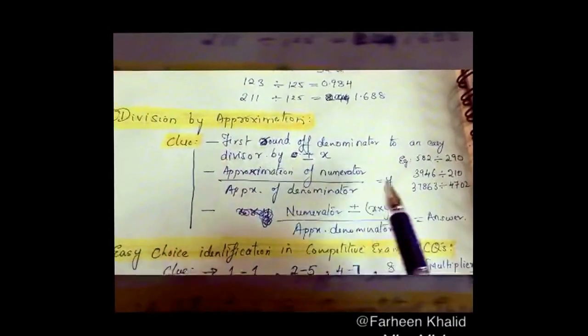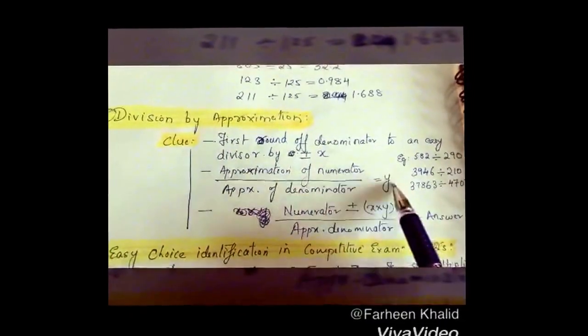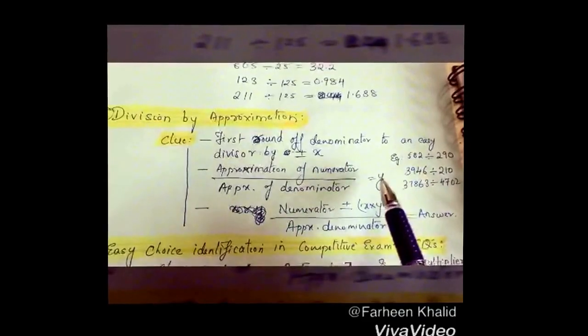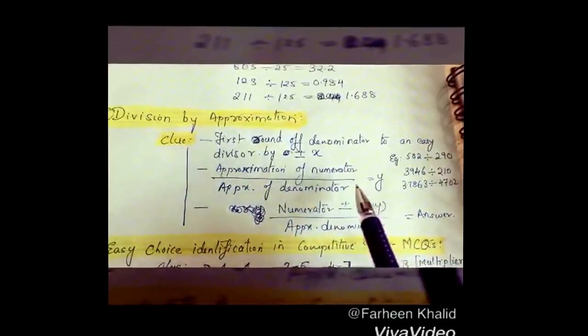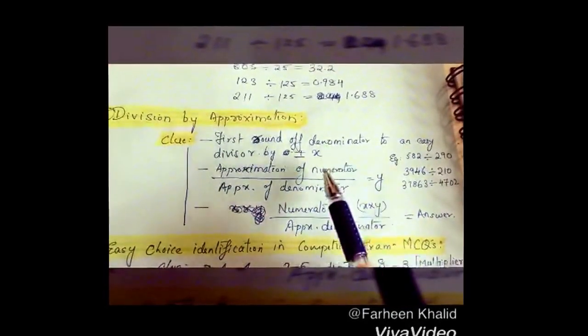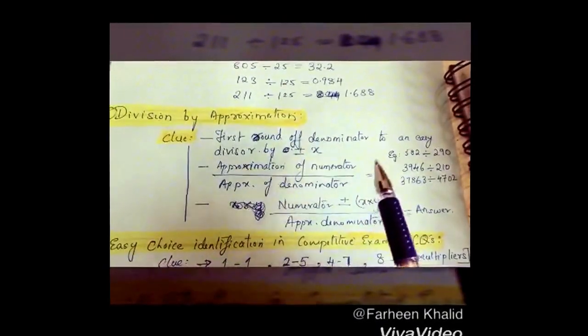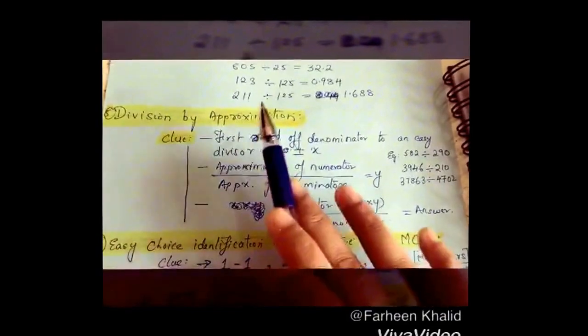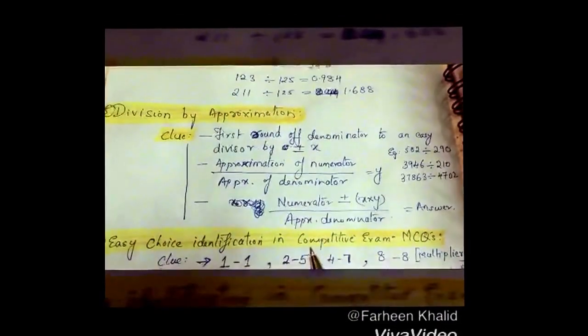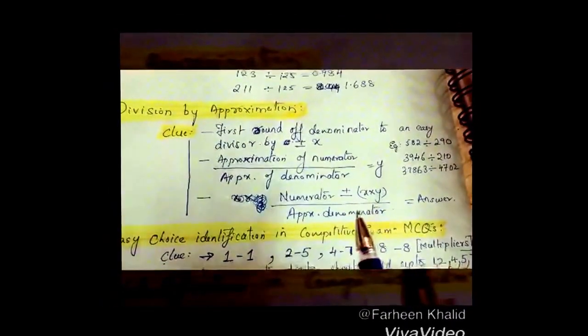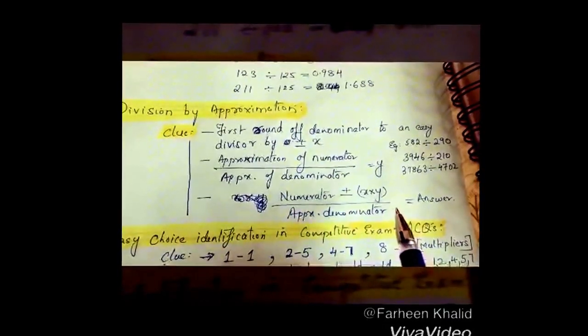To find that number, we do y times x and add or subtract whatever we did here. We will do the same thing to the numerator. That will give you your new question instead of the original question, which will be much simpler to find the answer.